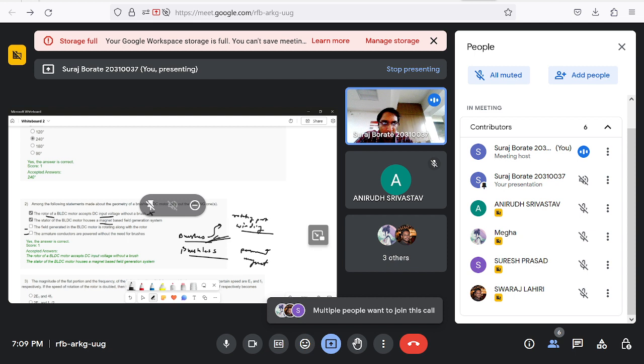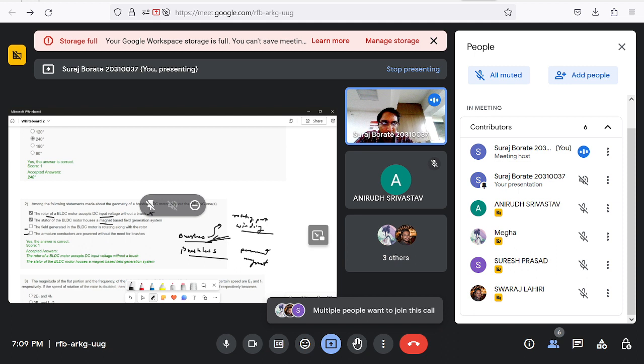In the next question that we discussed, it was asked which is the wrong statement. The first statement is that the rotor of a BLDC motor accepts DC input voltage without a brush. First of all, there are no brushes in a brushless DC motor, that's why it's called brushless.